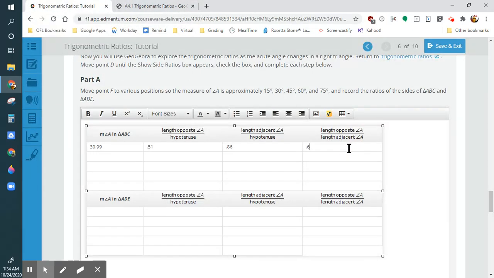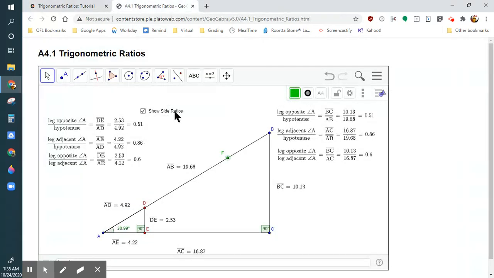So 0.6. All right. And we're going to do the same thing here. And I don't know why they're making us do this. Like, I get that it proves these are congruent, but we can just say they're congruent. They just want us to fill out this chart. All right, so let's do the next one.